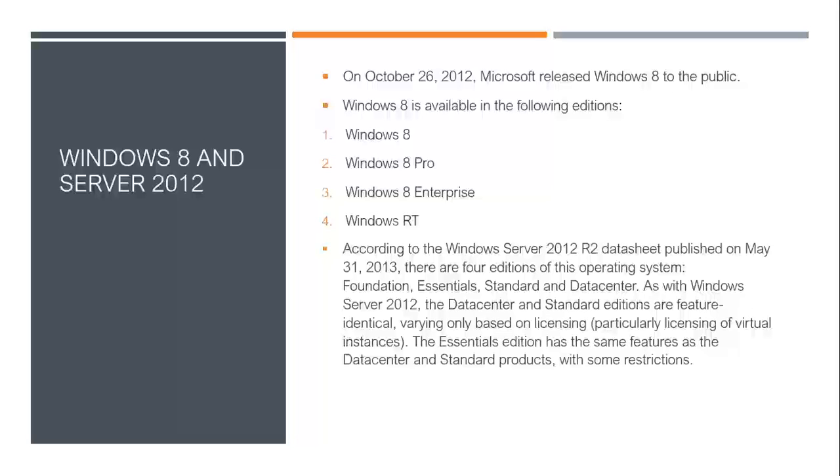Windows also released Server 2012. According to the Windows Server 2012 R2 datasheet published on 13th May 2013, there are four editions of the operating system: Foundation, Essentials, Standard, and Datacenter.